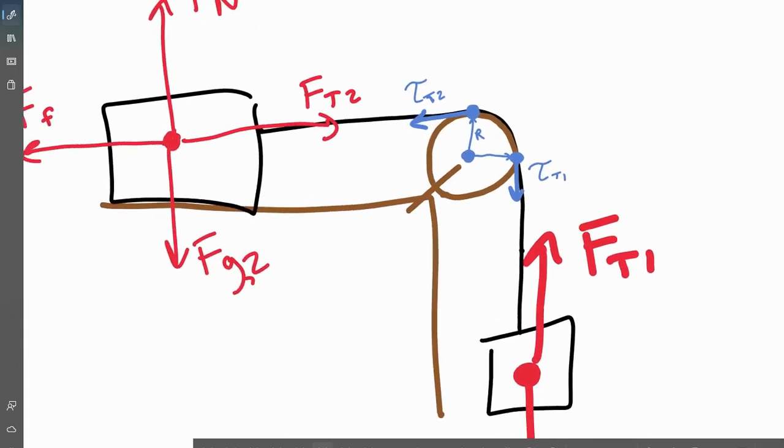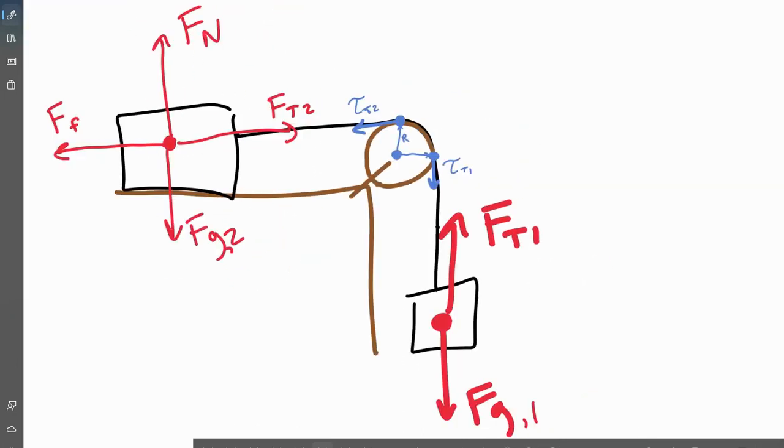Because what's happening here? That rope right there is pulling on. Actually, I'm going to start the other way.